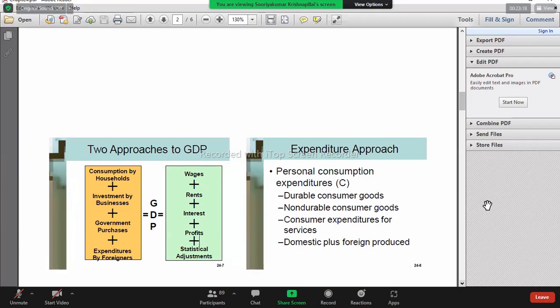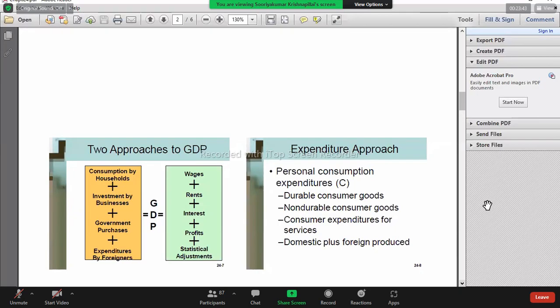So in the expenditure approach, the household expenditure is personal consumption expenditure. They spend money on durable consumer goods. You know, some goods we consume are durable, lasting at least three years or something.